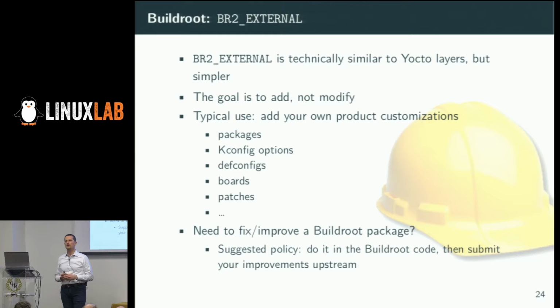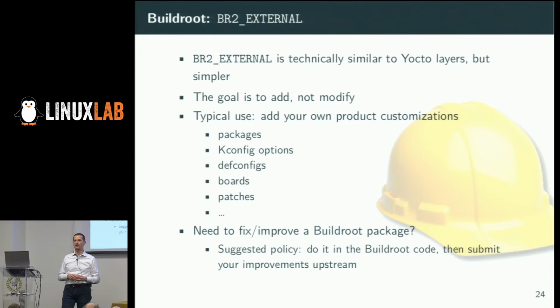With Buildroot, there is a tool that is called br2-external, out of the name of the variable to implement it, which is similar to Yocto layers, but simpler. And it is meant to add things to the Buildroot code base without modifying it. But it's not as powerful as Yocto. You cannot really modify existing recipes.